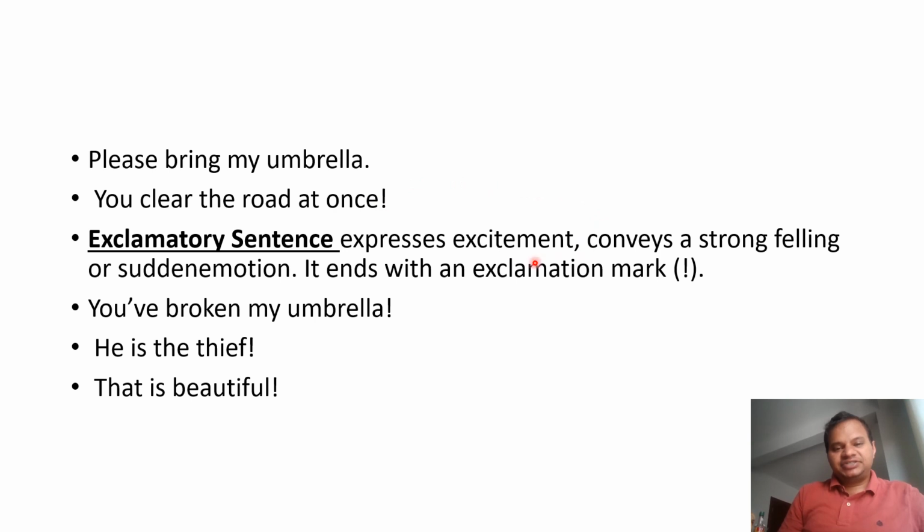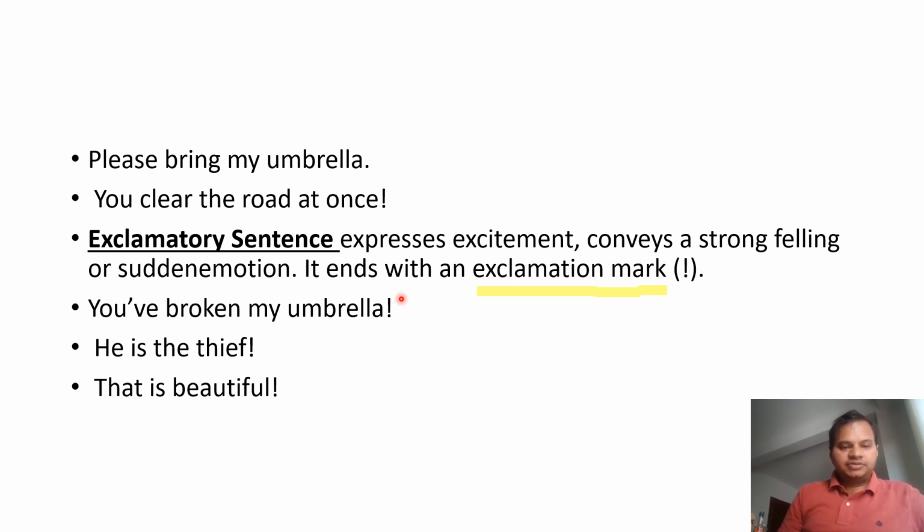Now, exclamatory sentence. It expresses excitement, conveys a strong feeling or sudden emotion. It ends with an exclamatory mark. Most important of these kinds of sentences is that they end with an exclamatory mark. So, you have broken my umbrella.